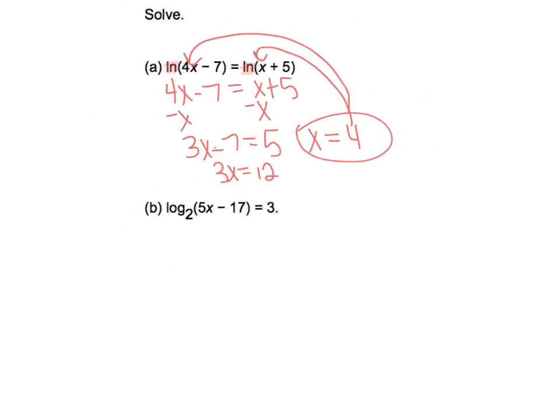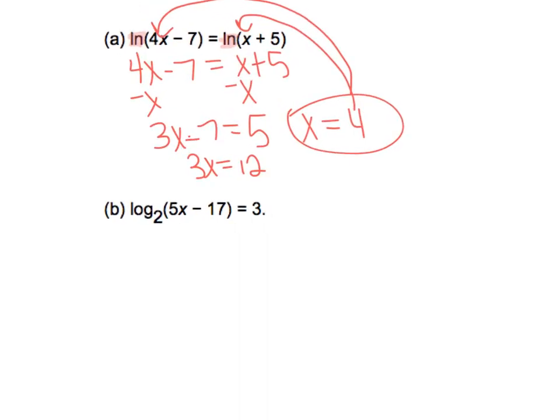Then if you look at letter B, it's a little bit different. If you notice, there is not a log base 2 on the right-hand side of that equation. We have log base 2 of 5x minus 17 equals just 3. If we have a situation like that where we do not have a log on both sides of the equation, that means we just need to change it into exponential form.